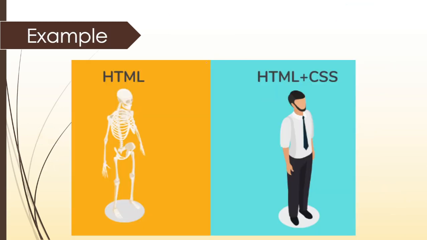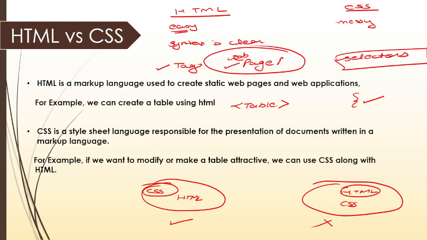As you can see in this example, with HTML you can just create the simple layout of a website. But if you want to control or style these layouts to make your website more attractive, we can use CSS. That is the major difference between HTML and CSS. The most important statement in this lecture is that in HTML we use tags, and in CSS we always use selectors.